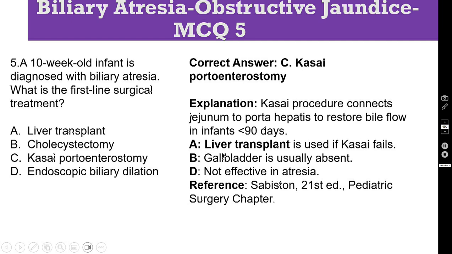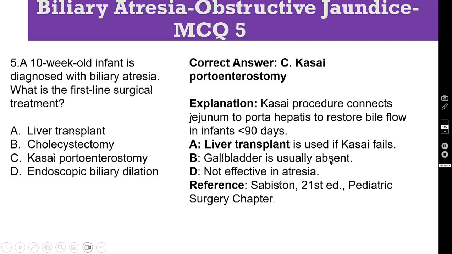A is incorrect, that is, liver transplant is used if Kasai's operation fails, even after 2-3 times. Because once Kasai has failed, usually we do what is called redo Kasai. If even that is a failure, then by this time the baby might have gone into cirrhosis of the liver with biliary cirrhosis. Then liver transplant is the only chance for the baby to survive.